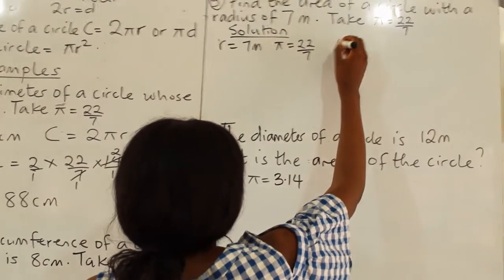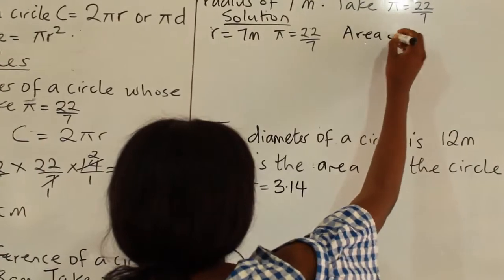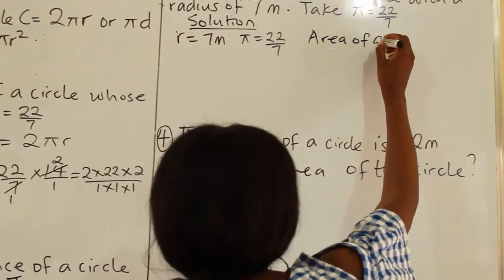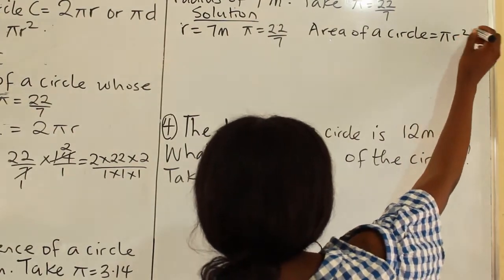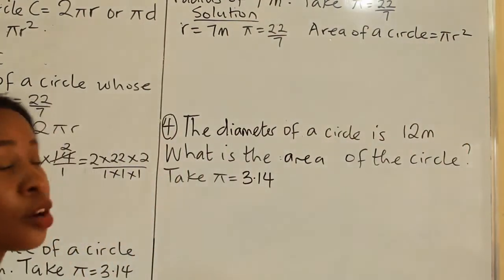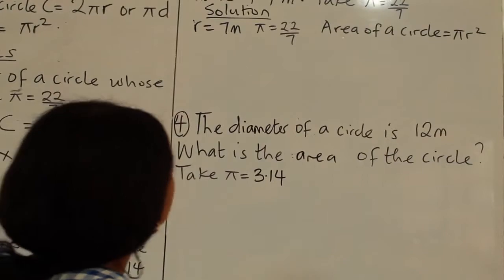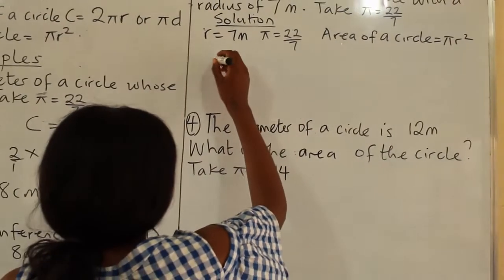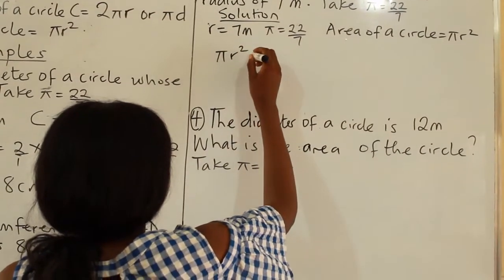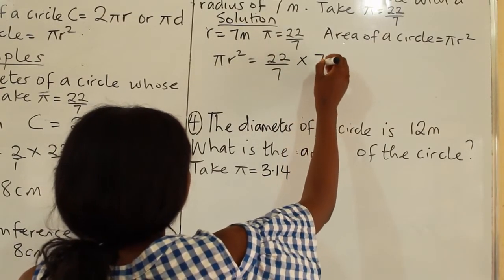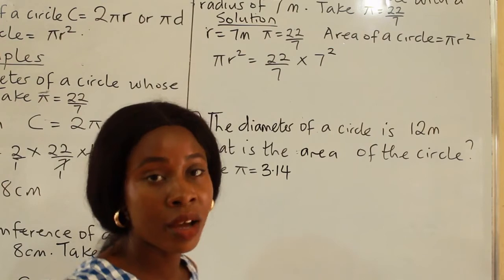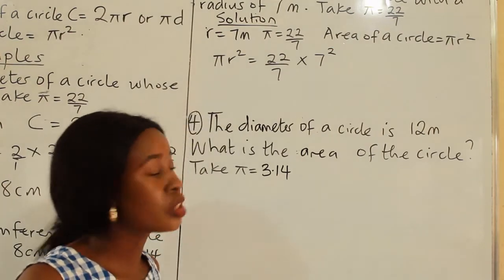The area of a circle is equal to pi r squared. So we'll substitute the numbers into the formula. So we have pi r squared equals 22 over 7 times 7 squared, because our r, which is the radius, is 7.